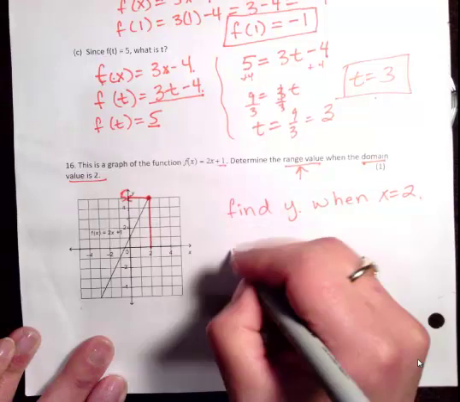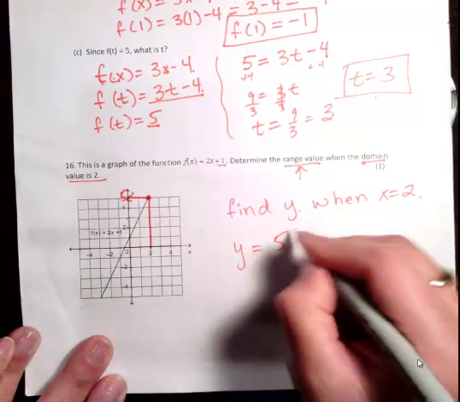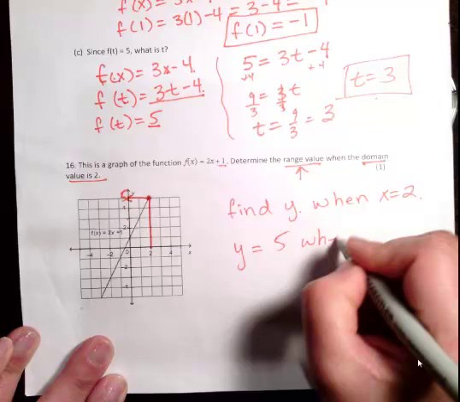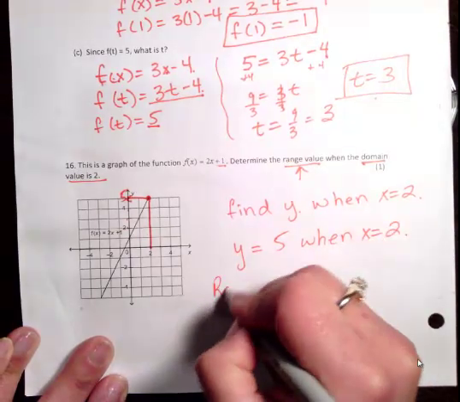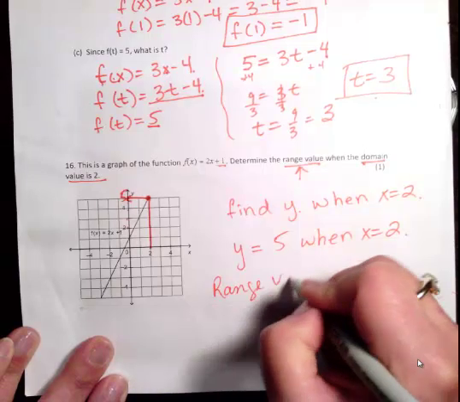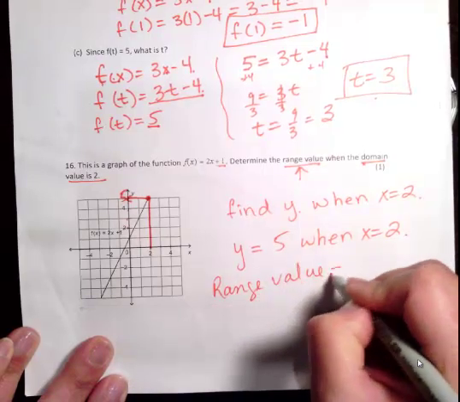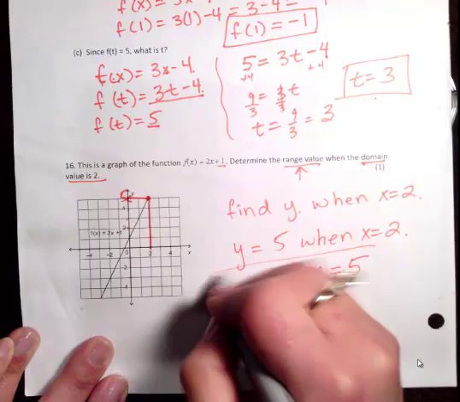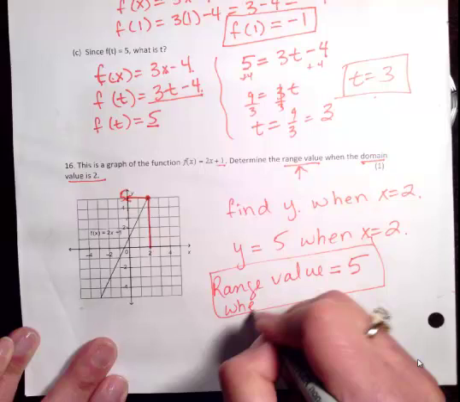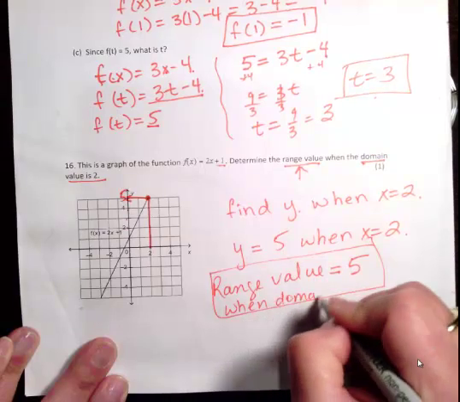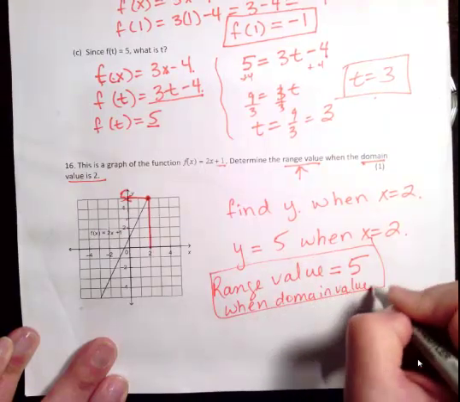Okay, so y equals 5 when x equals 2. So the range value equals 5 when the domain is 2.